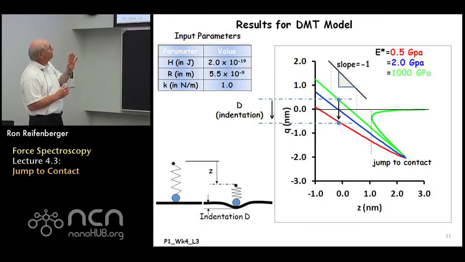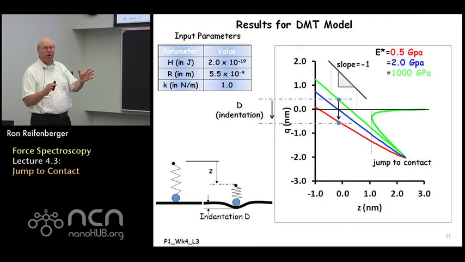And the point to emphasize here is that the green curve is what you would expect if the substrate and the tip were infinitely hard. That's how the deflection of the cantilever is going to vary as you systematically decrease Z from some large value and load the tip against the substrate.